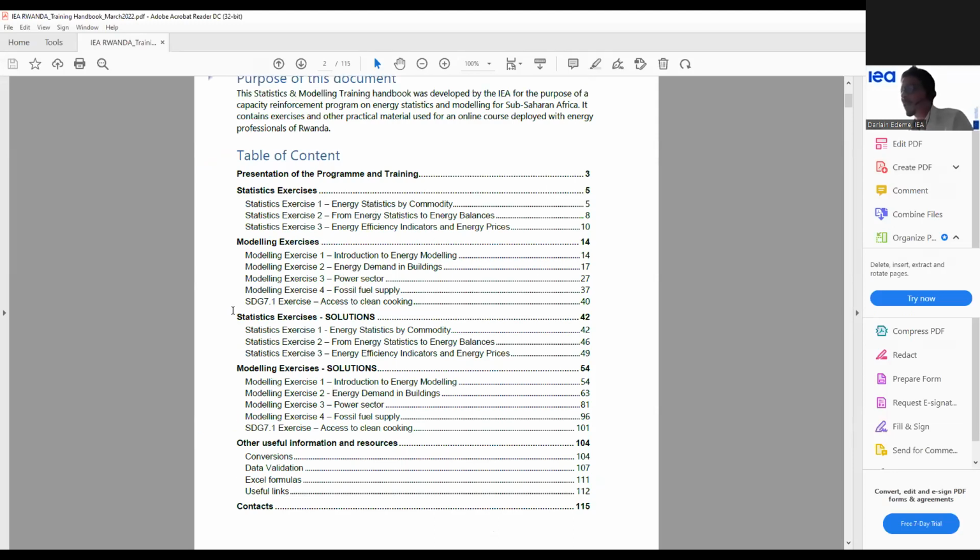On page 40, you have the exercise, the clean version, so you don't have the solution. And then at page 101, you have the same exercise, but with the solution. So right now, as usual, we won't actually do the exercise. It's just to have an overview of the methodology, the approach you can take while trying to solve it.